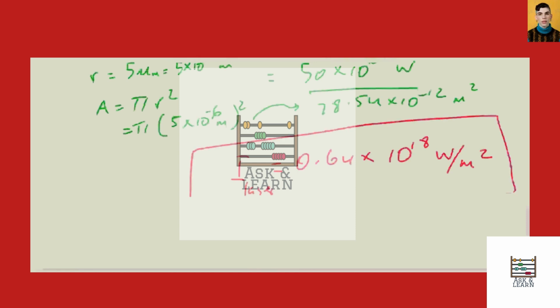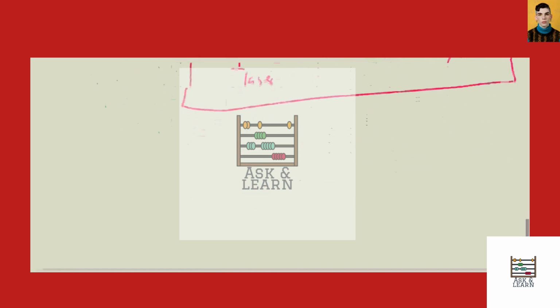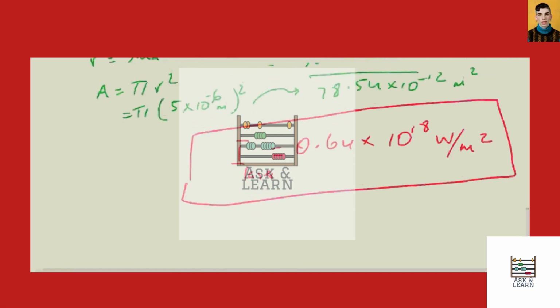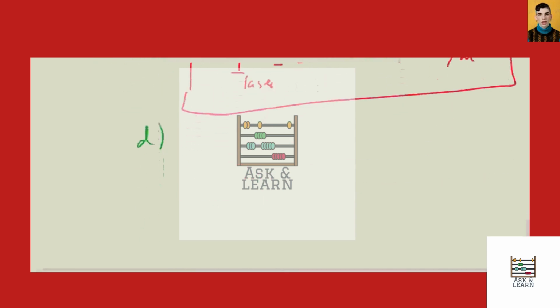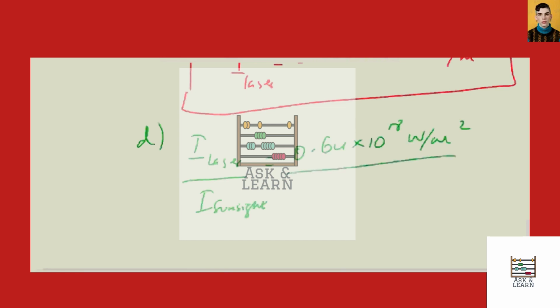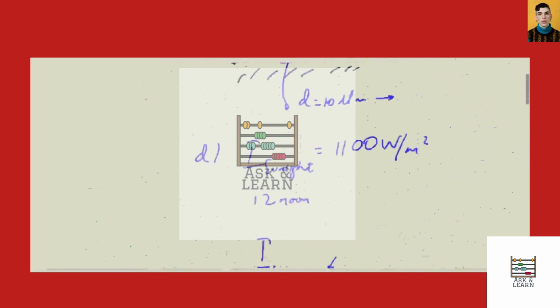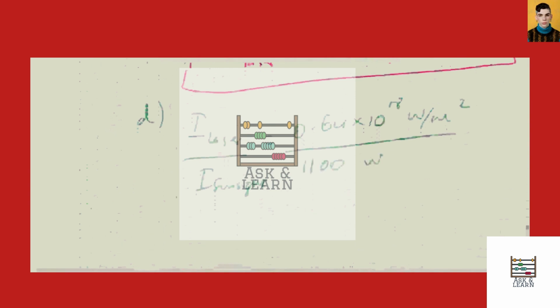That's the intensity. The next thing, or the final thing we're looking at, is the ratios. And these are two ratios. The first one being the ratio of the intensity of the laser beam relative to the intensity of the sunlight. We already have the intensity of the laser beam, and we had it as 0.64 times 10 to the 18 watts per meter squared. And then the intensity of the sunlight was, if you go back up, 1100 watts per meter squared. So that's the one we're going to be using, watts per meter squared.